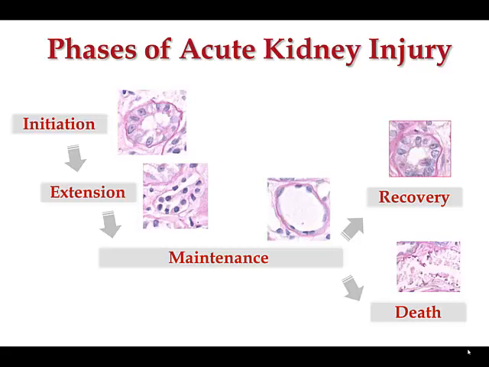The extension phase is usually days, maybe weeks. The maintenance phase can be weeks to months. And this can be a very long period of time. And subsequent to that process, the kidney could go on and recover, or the kidney could not structurally recover and would be lost.